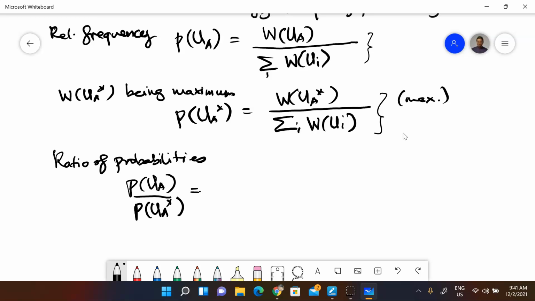So this drops off. The one that's going to be relevant here is the number of accessible states at the energy UA and the number of accessible states at the energy UA star.